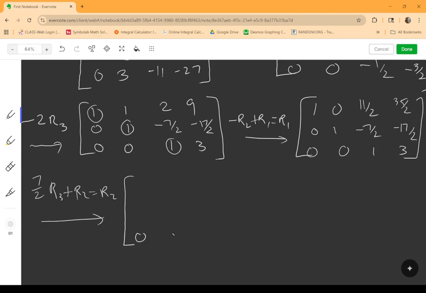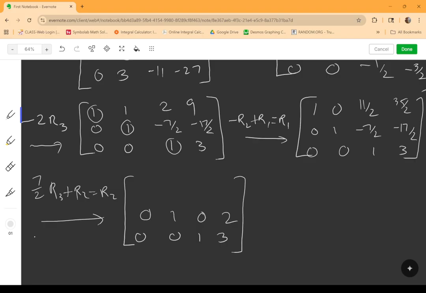So 0, 0, that one remains the same. When I multiply by 7 halves, up here we get 0, 1. That becomes 0. And then 17 halves becomes 2. So we get 21 halves minus 17 halves, 4 halves, which is 2.